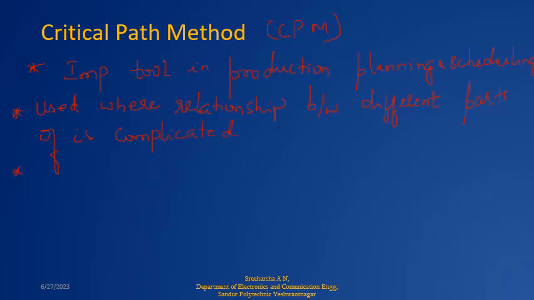Next point. Generally when we say critical path method, first we draw the network diagram, and then we find the critical path. The longest path is what we call the critical path. It is the route between two or more operations which has either minimum or maximum measure of performance.